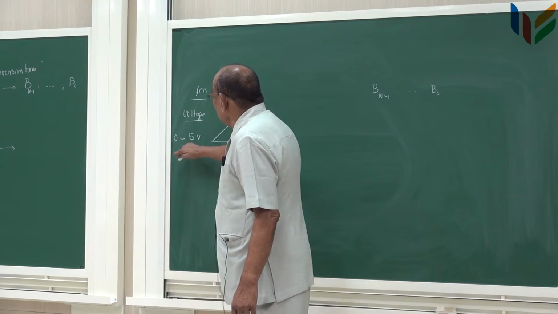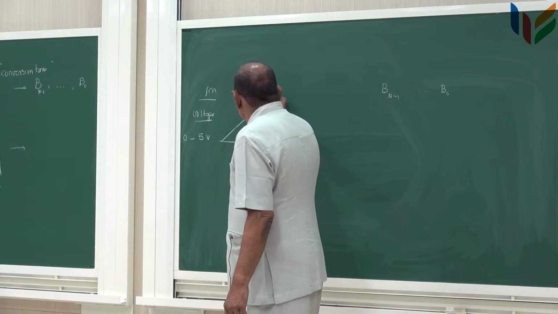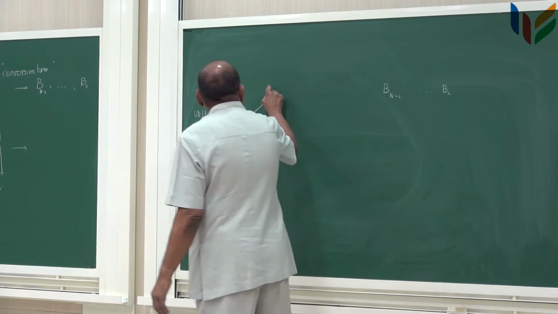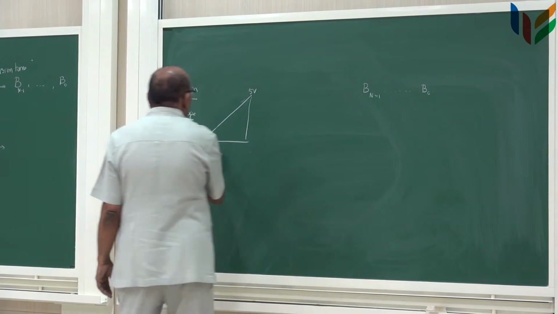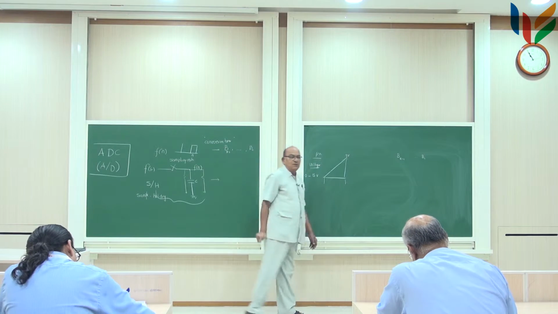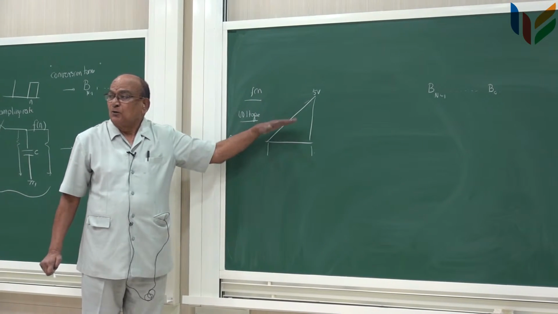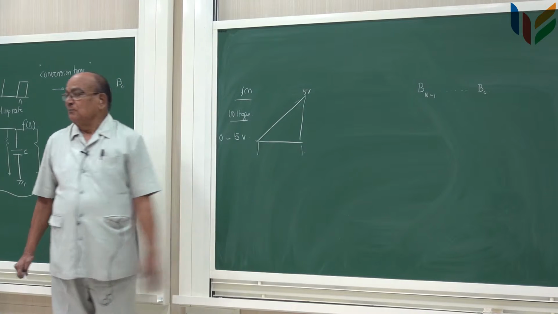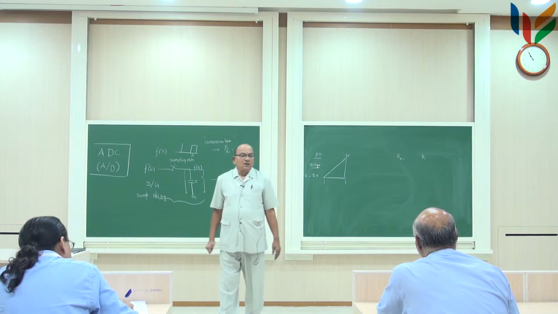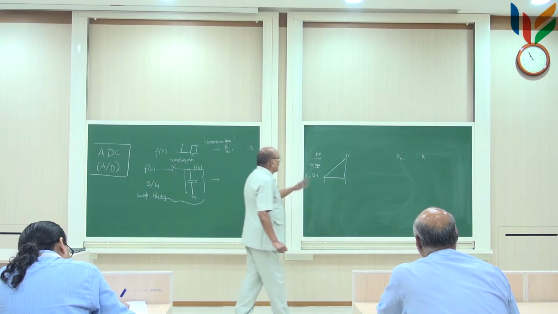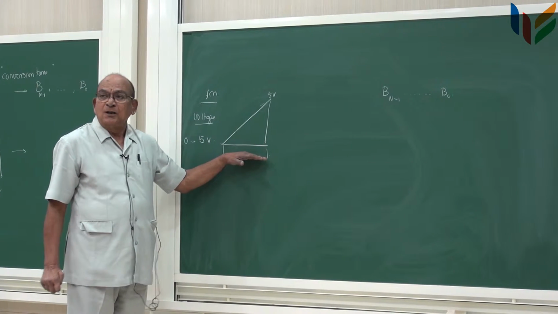That means, if this corresponds to 5 volts, there is a specific duration corresponding to this, and I can adjust this duration of course by using the different slope of this sawtooth waveform.